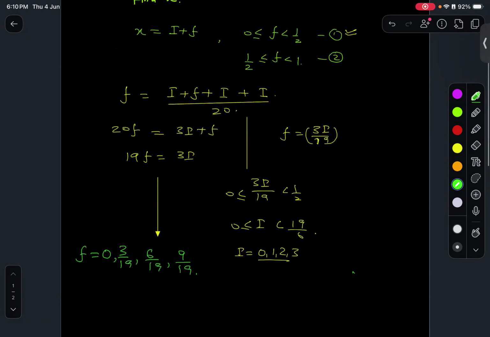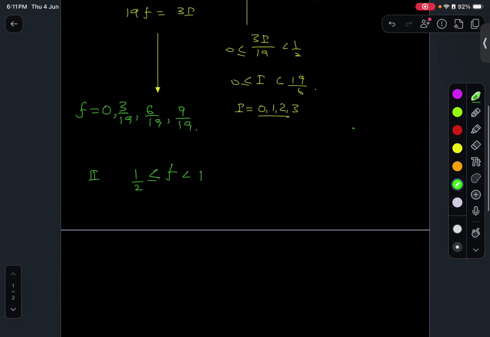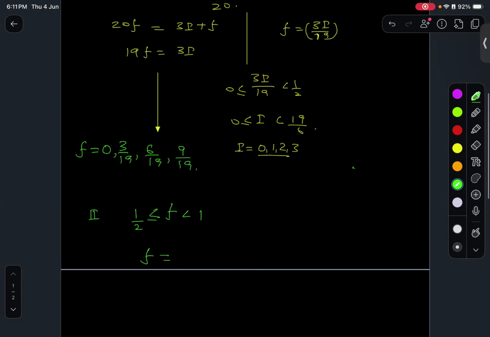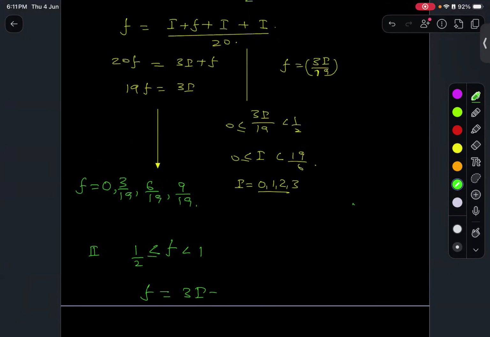Okay, second, when f is lying between half to 1, open at 1. In that case, one thing will change. So the fraction part f is equal to 3I plus 1 plus f, upon 20.